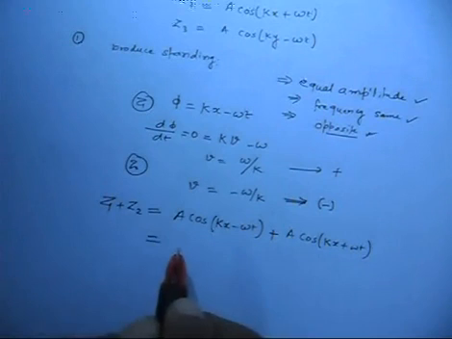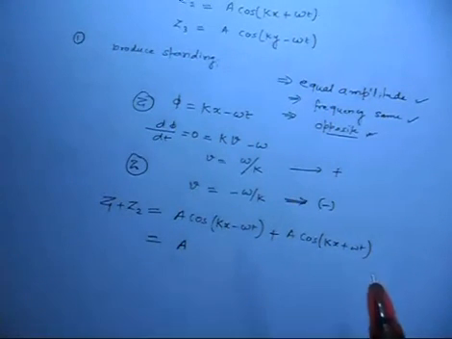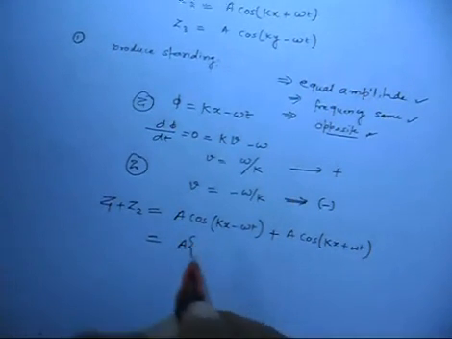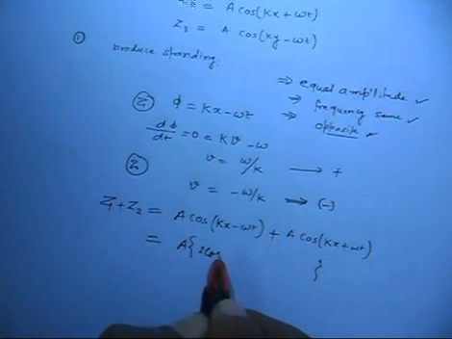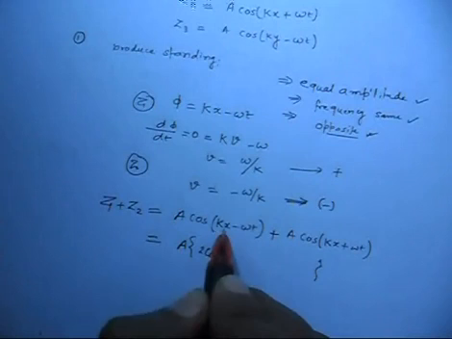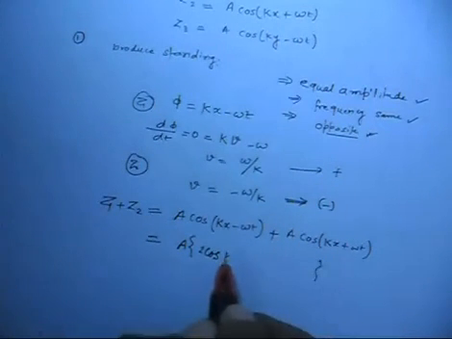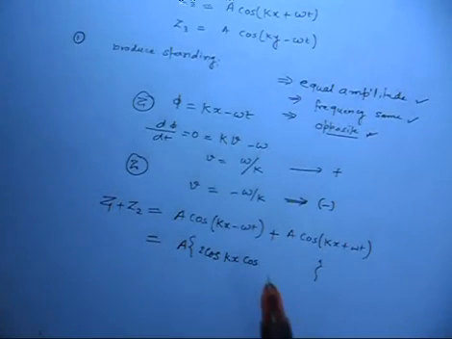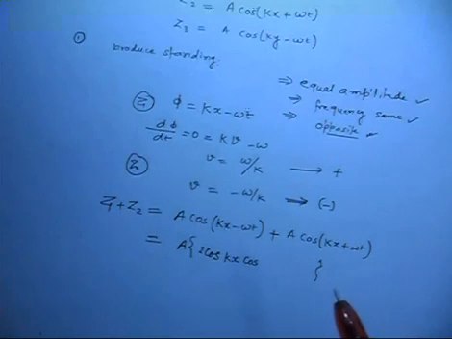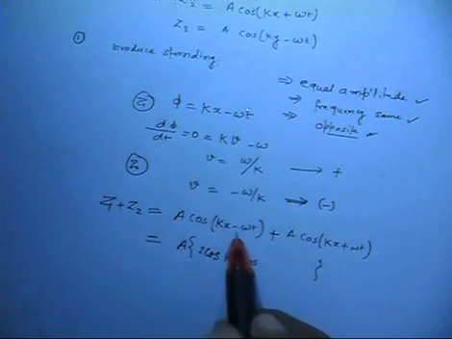Now if I take a common and apply cos A plus cos B, it becomes 2 cos of (A plus B) by 2 times cos of (A minus B) by 2. So kx plus kx gives 2kx, so this is kx, and the other term is omega t.